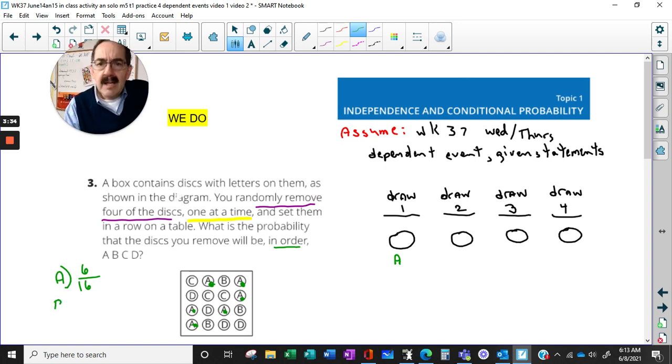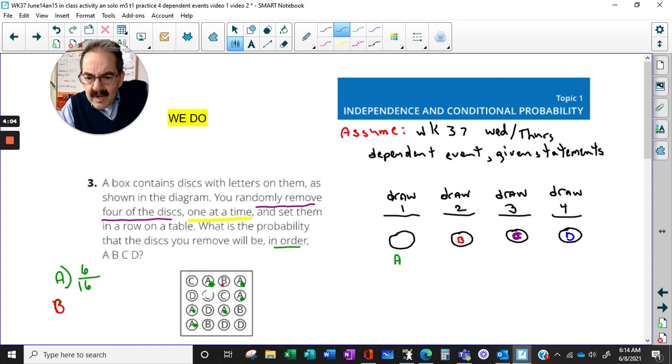How many, let's change colors, how many B's are there? Because remember, in theory, we got the letter B, the letter C, and the letter D. All right. So now, how many B's are there?